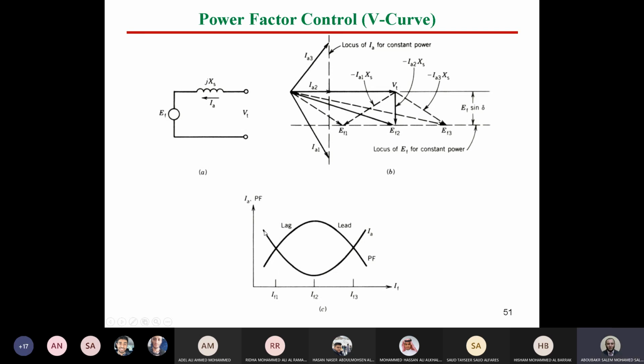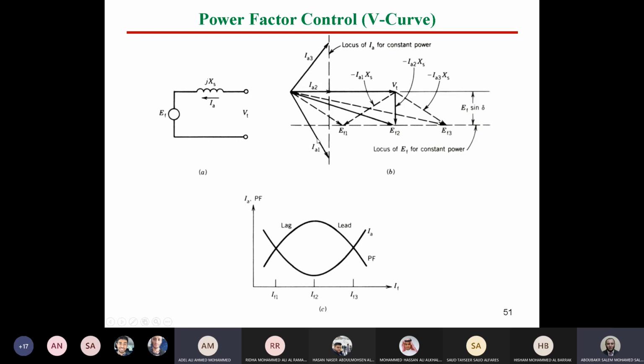of armature current. Have a look here at case number 1, EF1: the current is lagging and the current is high. Okay guys? If we increase the excitation, which means increasing the field current, what is happening to the armature current? It goes to leading.